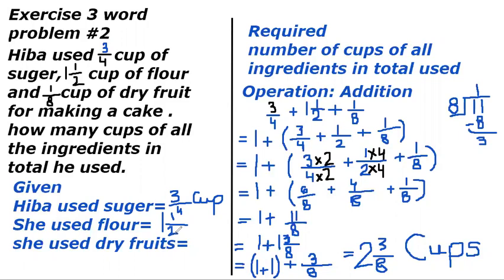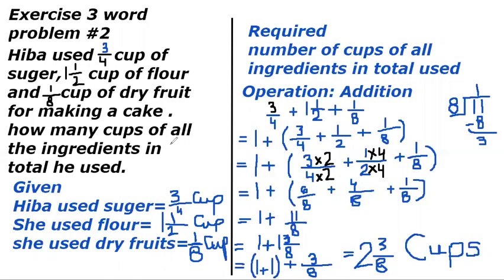Out of 2 parts she used 1 part, and that is half cup. And dry fruit she used 1 upon 8 cup. It is given, we know this.